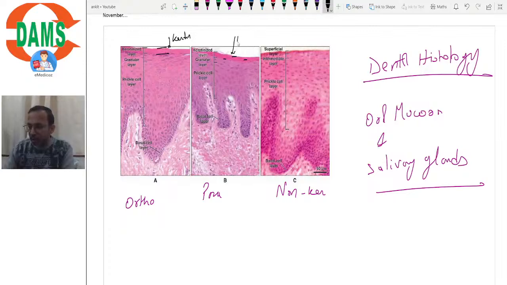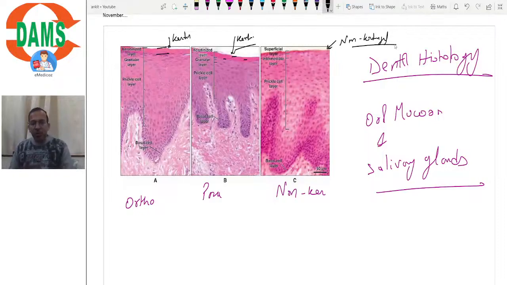So this again is keratin, but it has nuclei in it. In the third layer, there is no keratin on the surface, and there are properly visible nuclei. So this is non-keratinized. Here we do not see any keratin, right?